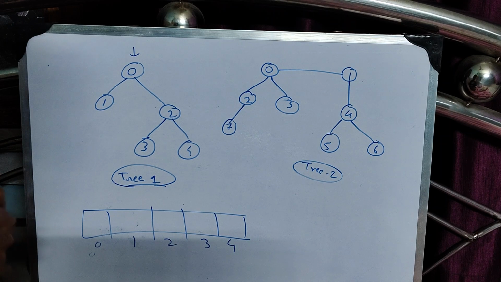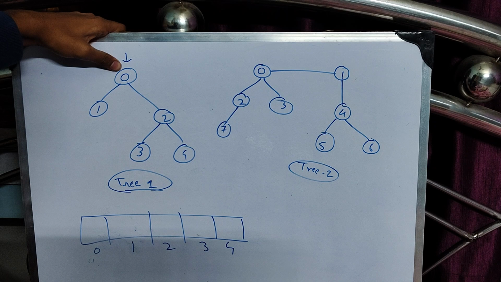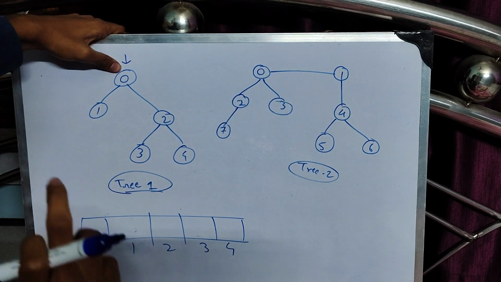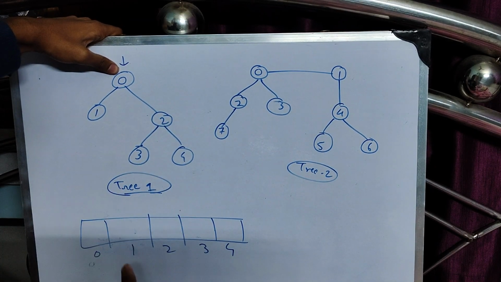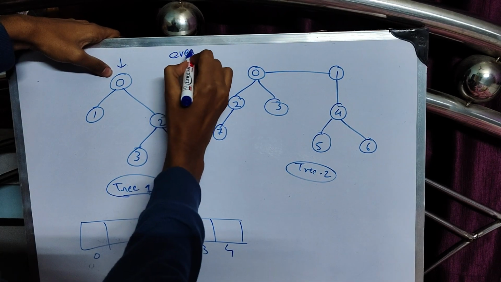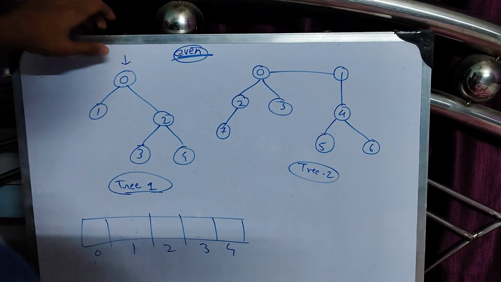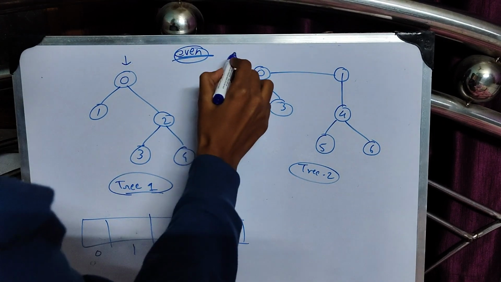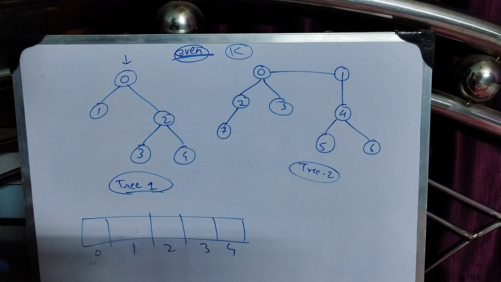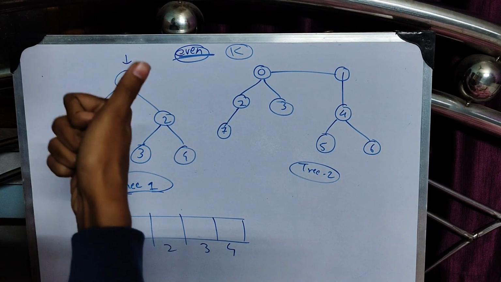The nodes that are connected with this node, where the number of edges encountered in the path to the target node should be even here. Mark this: in the previous question it was k, the number of edges should be k, but in this question the number of edges should be even.